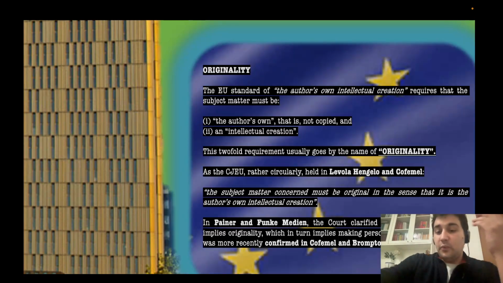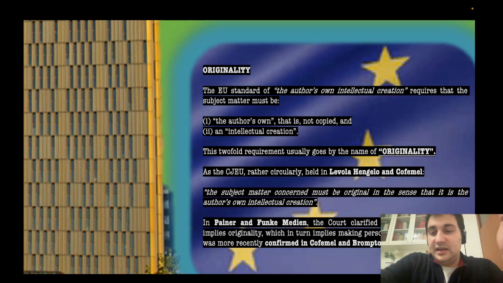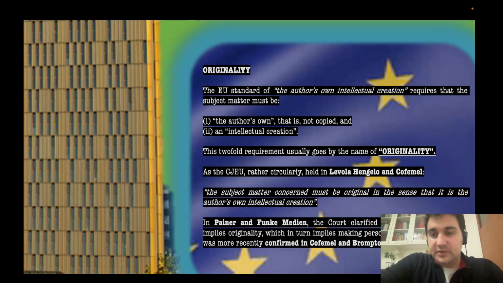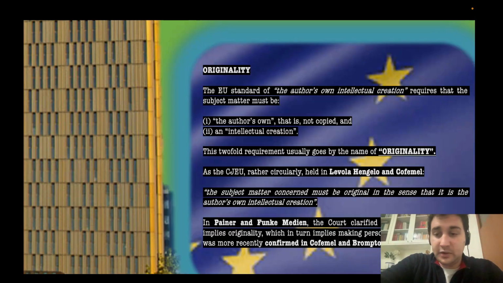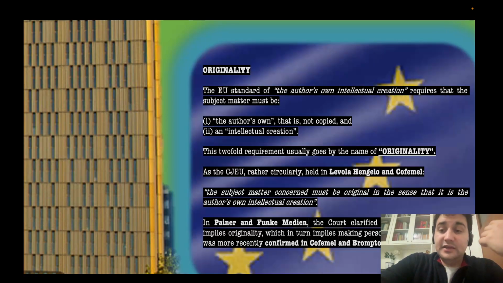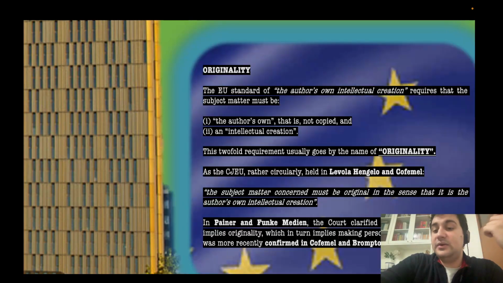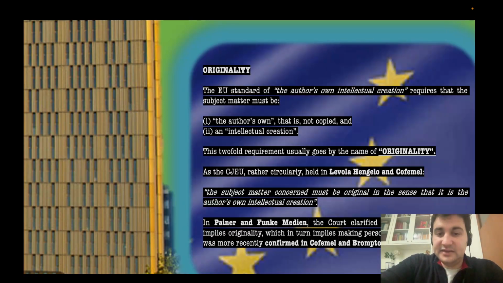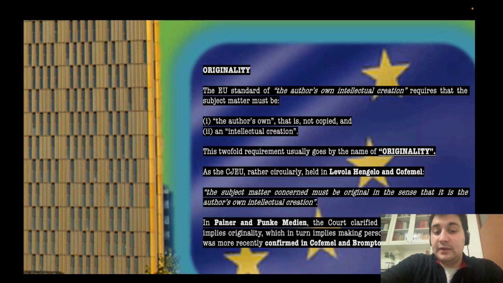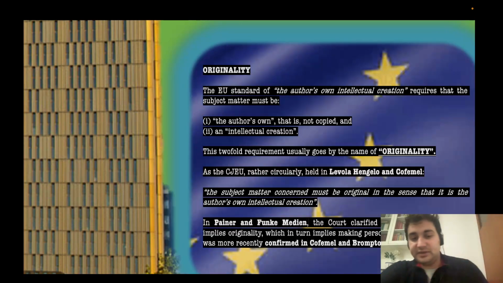Then we have what was held by the Court of Justice in the cases Levola Hengelo and Cofemel, in which it was held that the subject matter must be original in the sense that, as we say, it is the author's own intellectual creation, reaffirming the Infopaq interpretation.